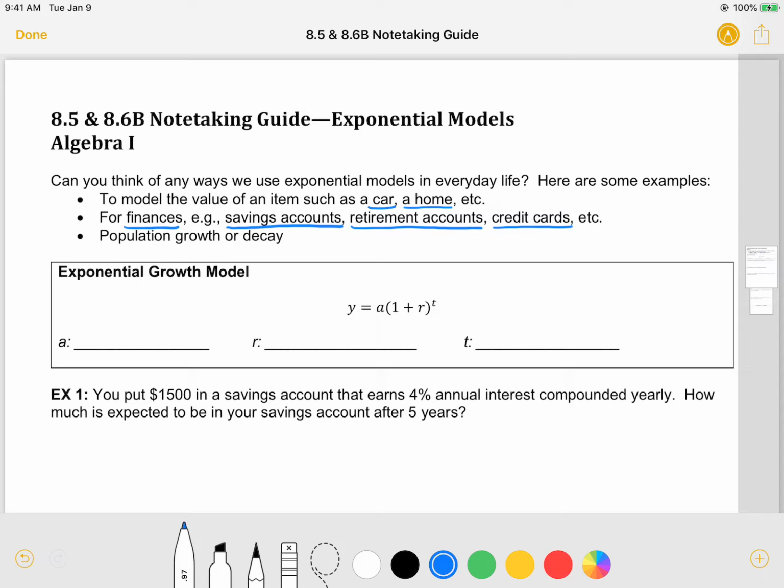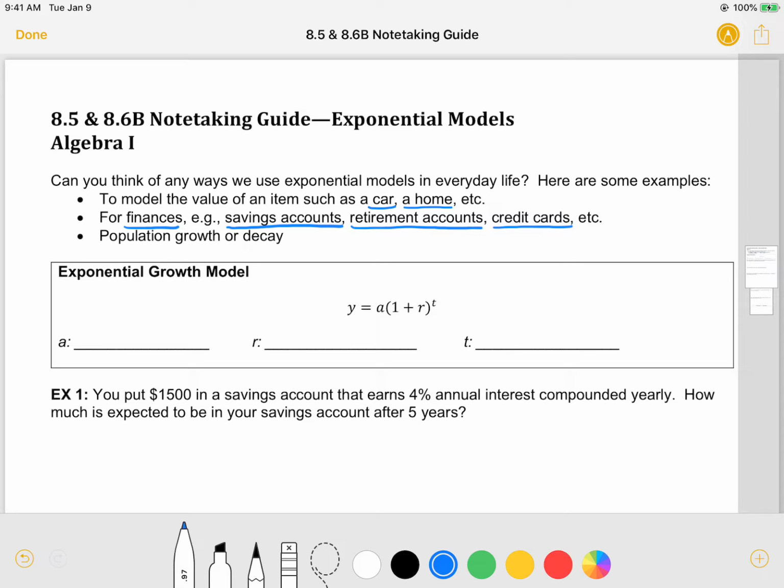If you have a big balance on your credit card, that balance could grow even more with interest. So normally all of those are going to be exponential growth. And then also we can model, say for instance, the population by exponential growth or even decay. Funny enough, some populations are actually decreasing instead of growing.